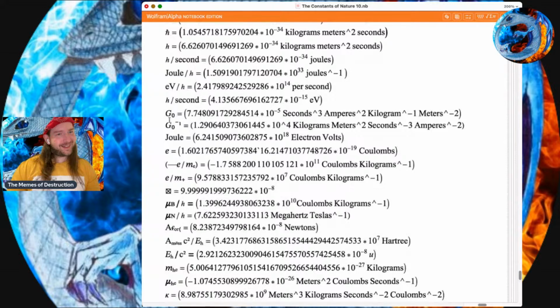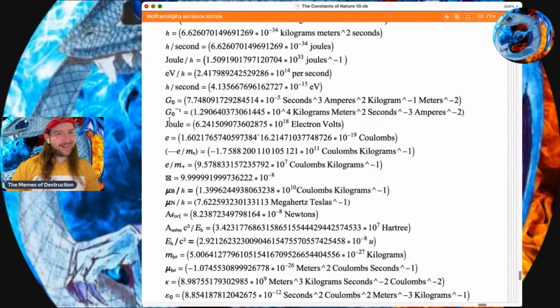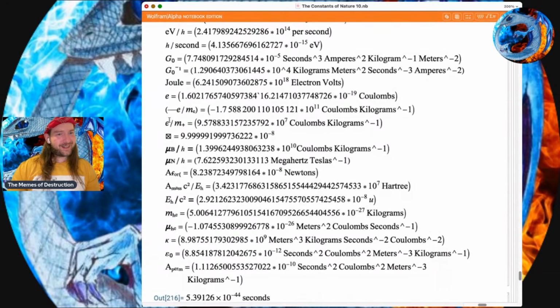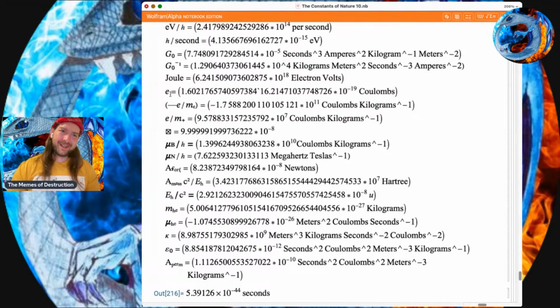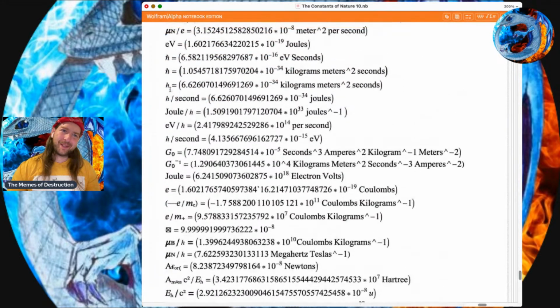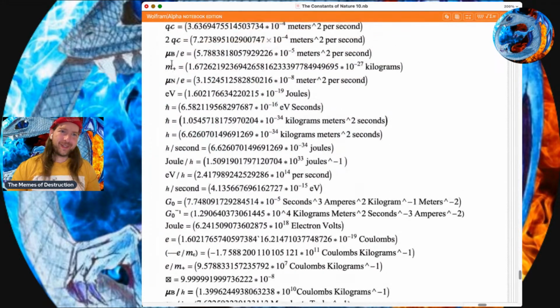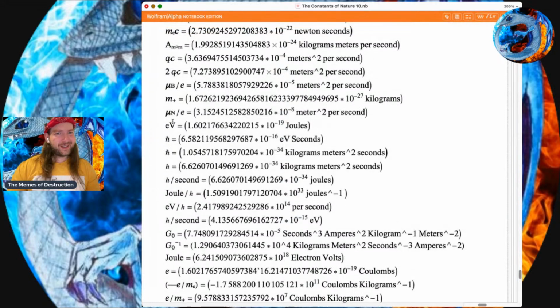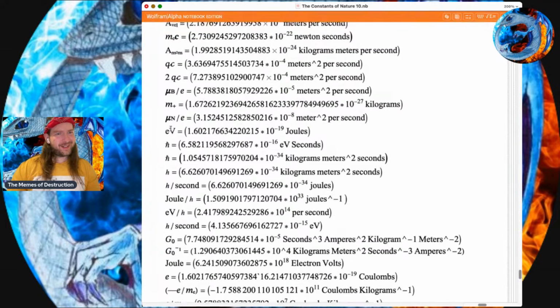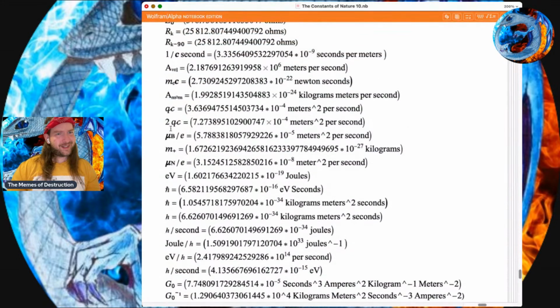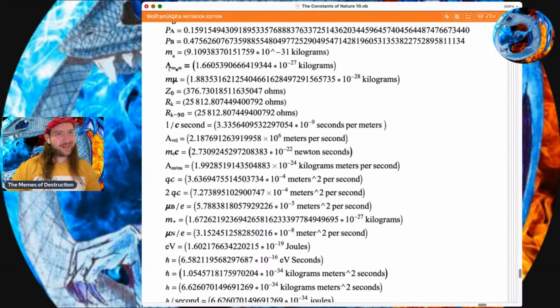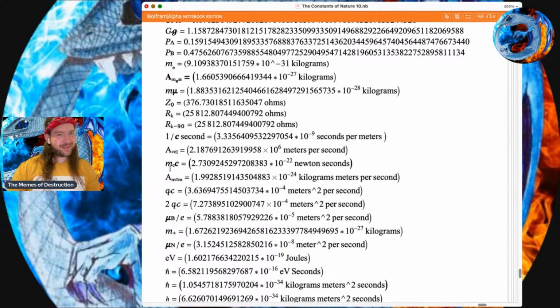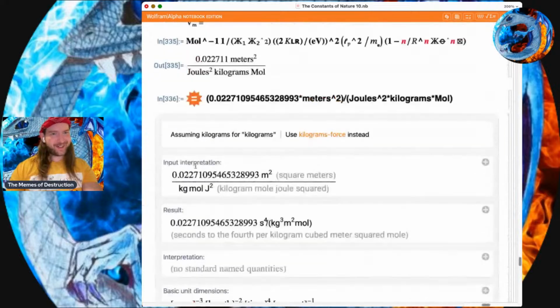Let's... charge EV divided by H CV, atomic velocity, mass electron C. Do I actually have the right things in there?